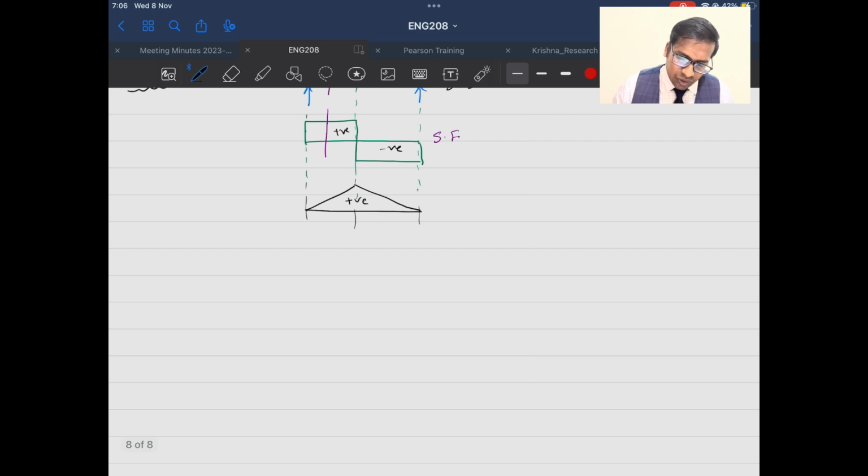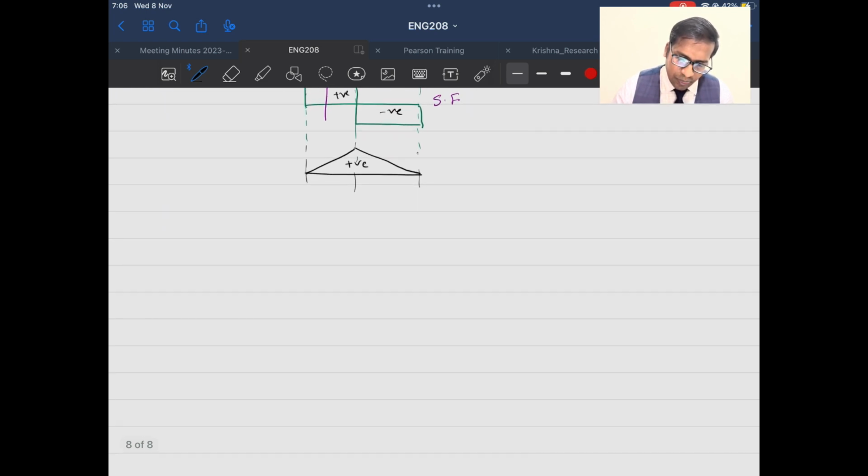When it comes to the shear force diagram, if you want to draw the diagram from the left to the right, then you can follow this rule. Let me write here, shear force sign convention.